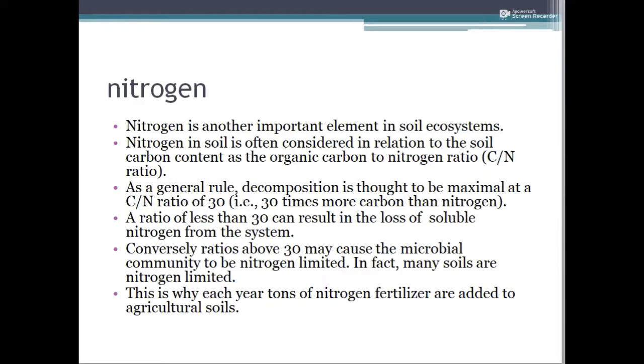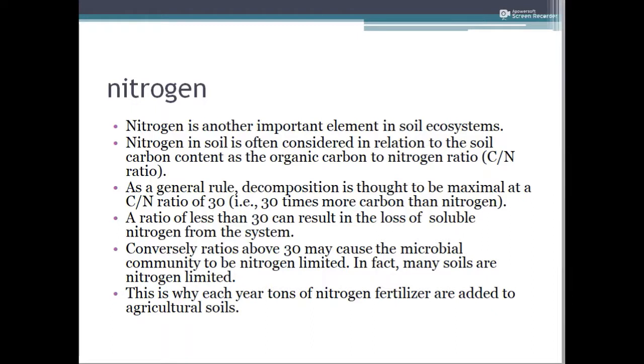Now let me talk about nitrogen. It's an important macronutrient needed for soil health, and decomposition is thought to be maximal at a carbon to nitrogen ratio of about 30, that is, 30 times more carbon should be present than nitrogen.